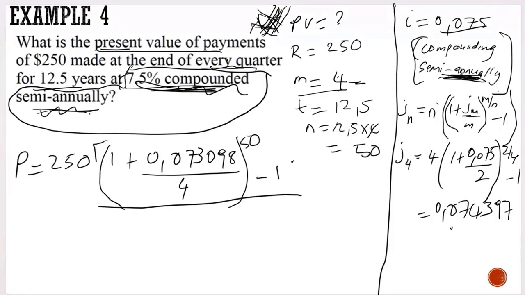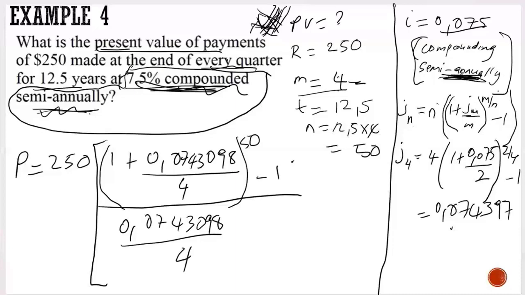Our Casios will never handle this thing. Never. This is 0.0743098, guys.